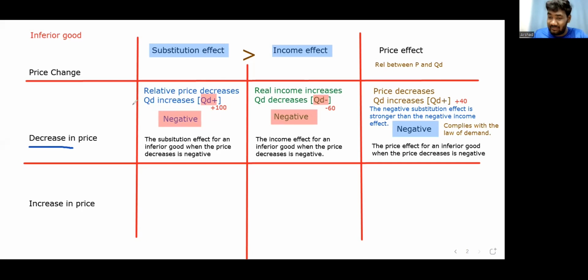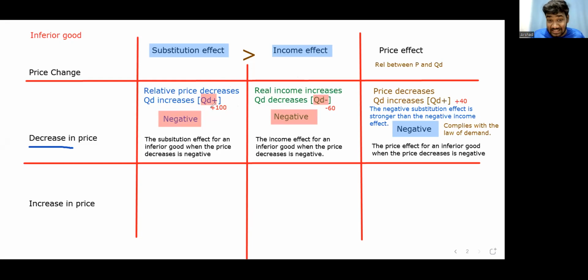So maybe QD is increasing by 100 units, 100 became 200 units. According to the income effect, QD has to decrease. So one is saying QD is increasing, the other is saying QD is decreasing. But what you need to know is the substitution effect is stronger. So there is a bigger increase than the decrease.